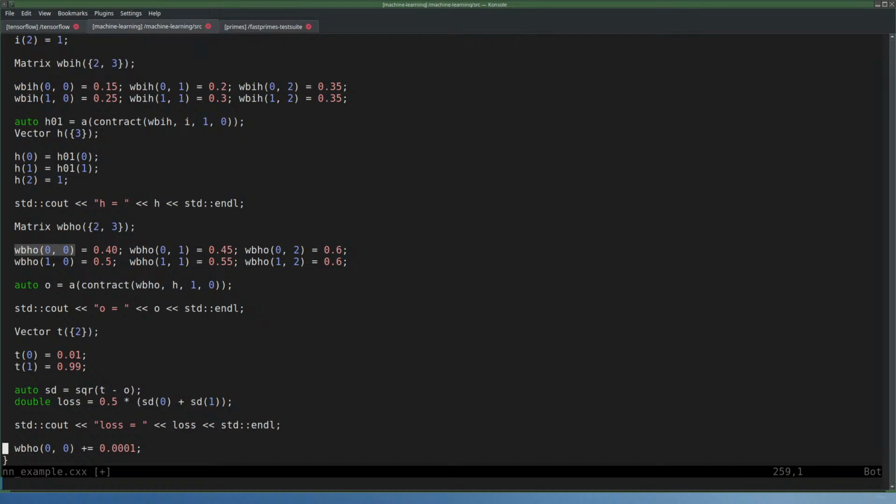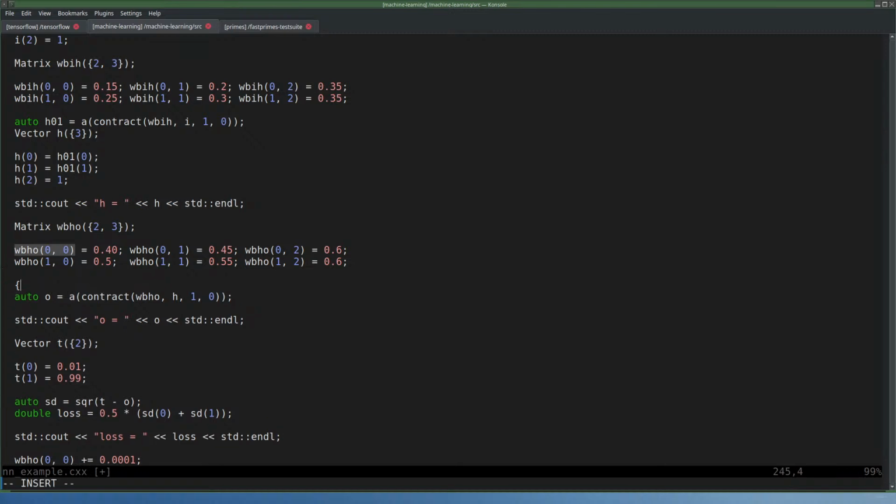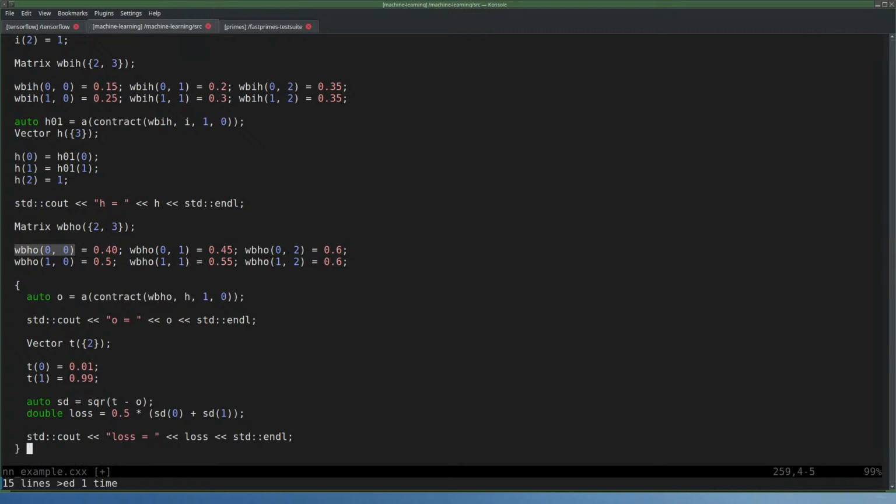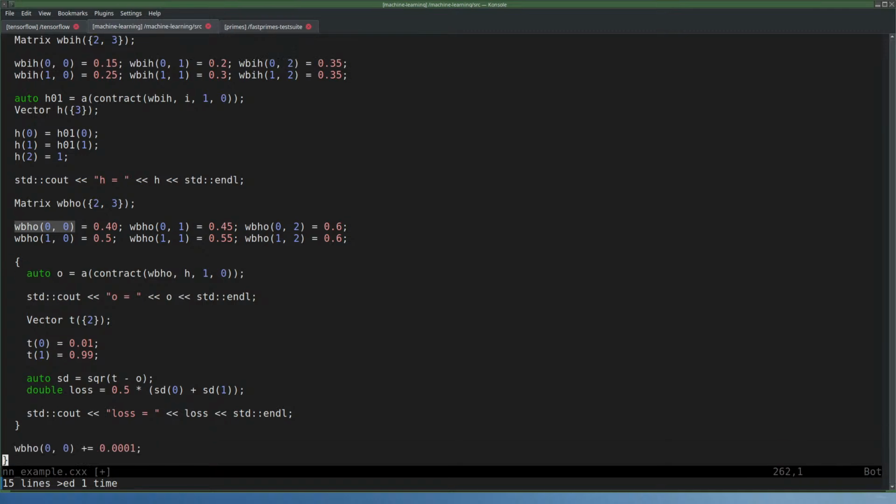It must fit in a double, right? I'm working with doubles. And then we can recalculate everything after that. Let's make this a scope.